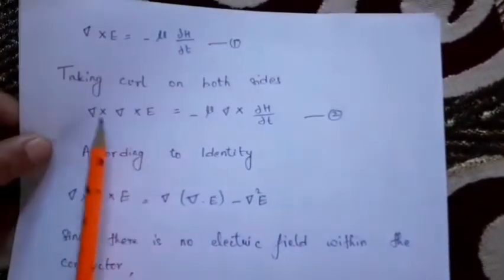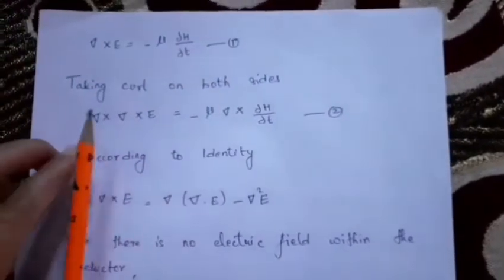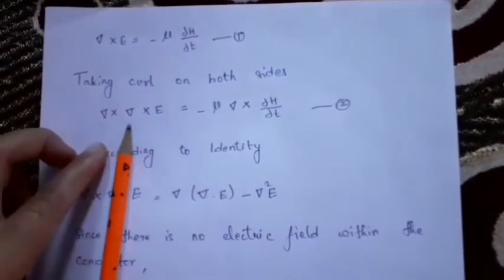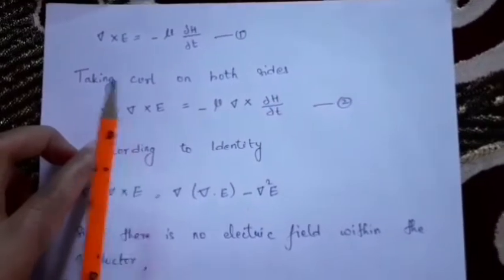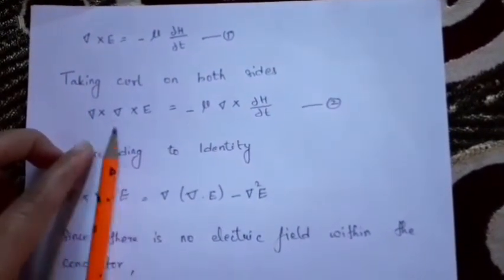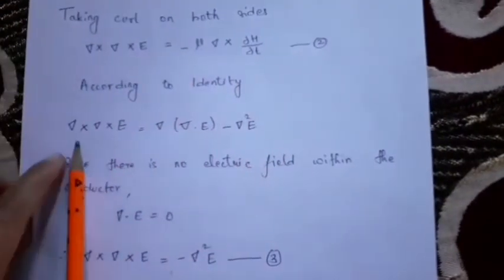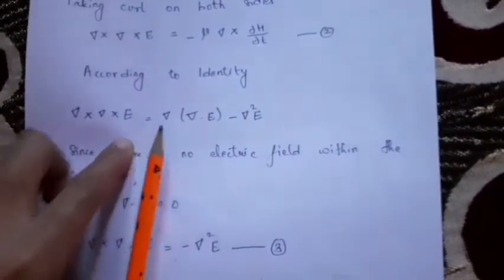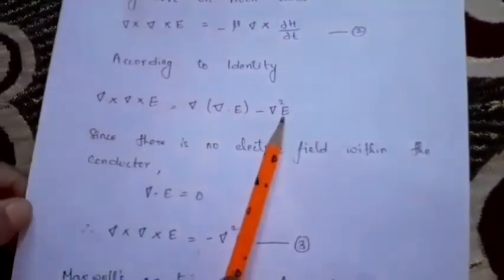In the left hand side there is a double curl, which means we have an identity. According to the identity, del cross del cross E equals del dot E minus del square E.